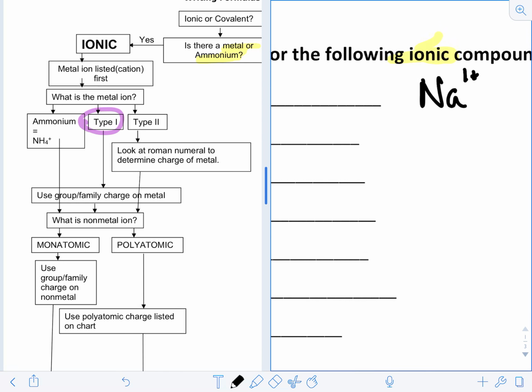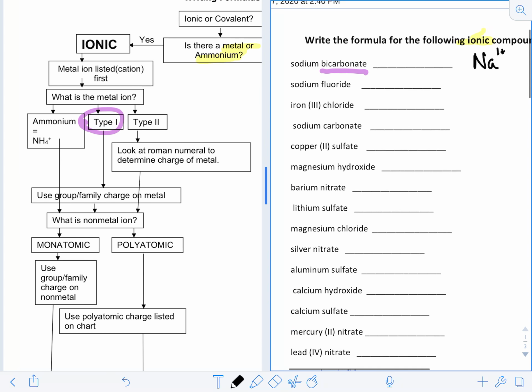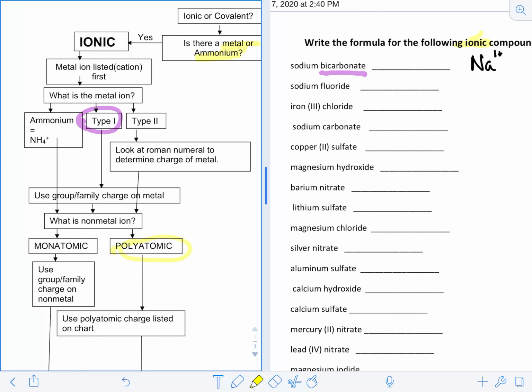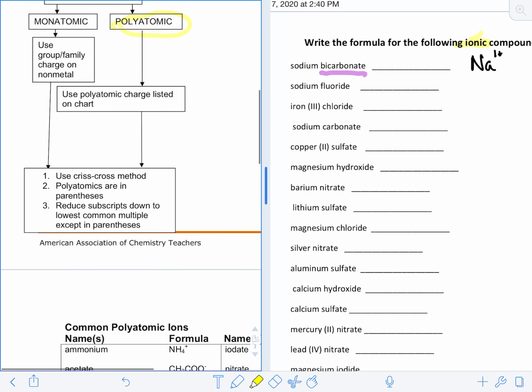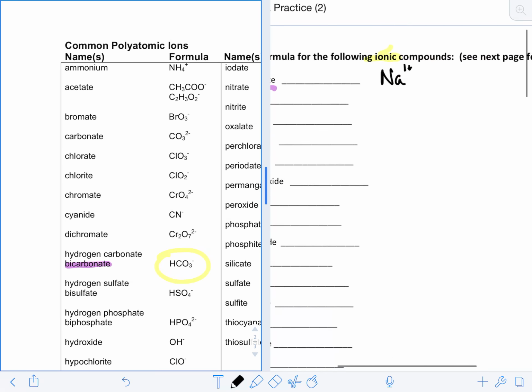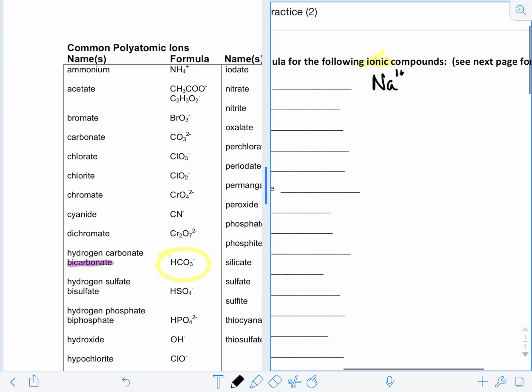So I want to write 1 plus to symbolize the formula that we're eventually going to use. Now, the nonmetal, as I said, is polyatomic. So since it's polyatomic, we need to go to the ion chart, and we're going to use the ion that is listed here. It's HCO3, and it's a 1 minus.